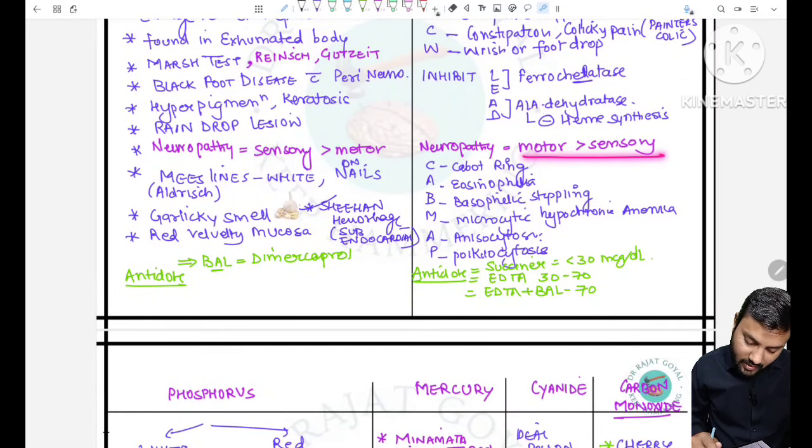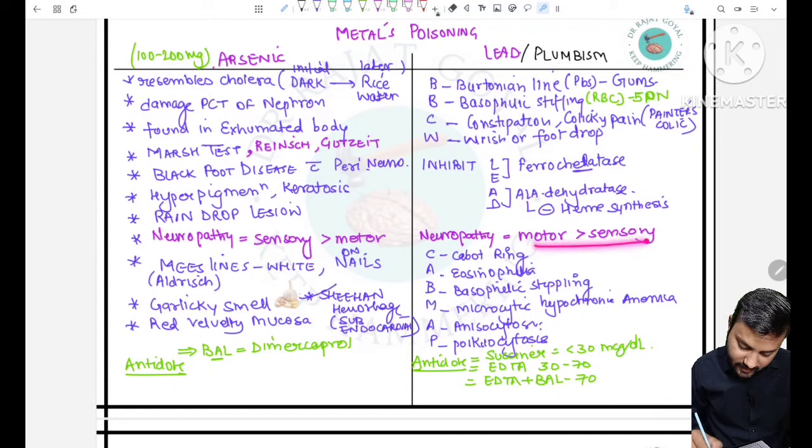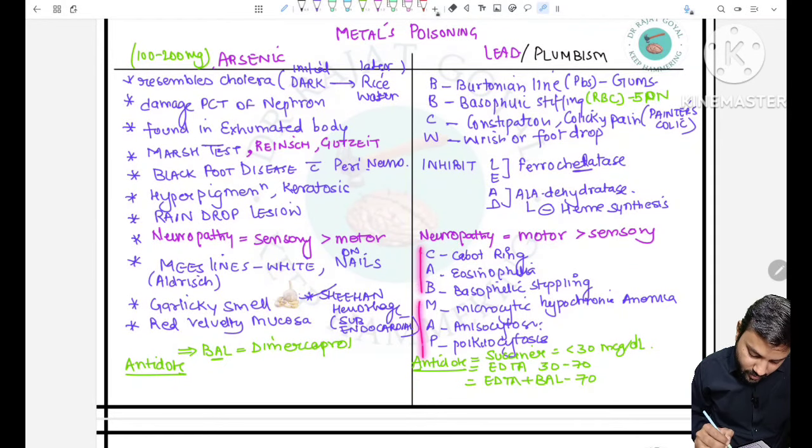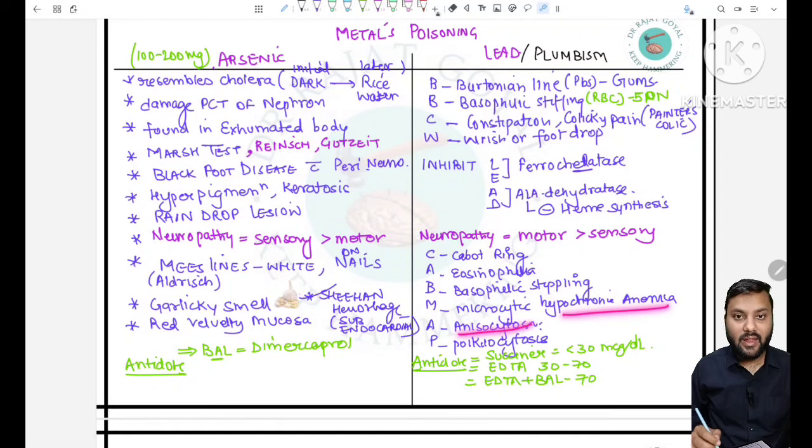Neuropathy will be mainly motor greater than sensory, and then we have to remember the CAB MAP. In the CAB MAP, C for Cabot ring, A for eosinophilia, B for basophilic stippling, M for microcytic hypochromic anemia, and A for anisocytosis, and P for poikilocytosis.